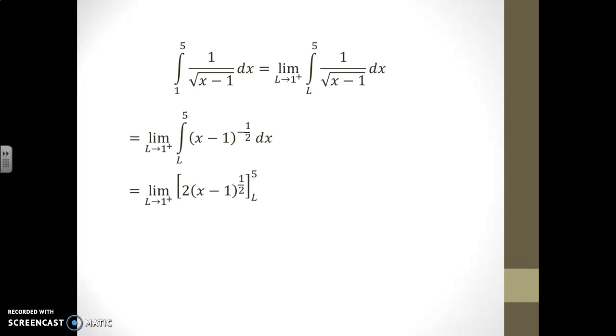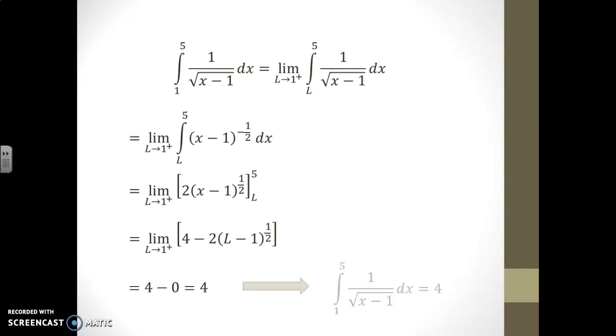Bounds 5 and L can be inserted into the antiderivative, and that leaves, as a last step, the limit to be computed. As L goes towards 1, notice how the root of L minus 1 will head towards 0. And therefore, we get a numerical answer, meaning that this integral converges to 4.